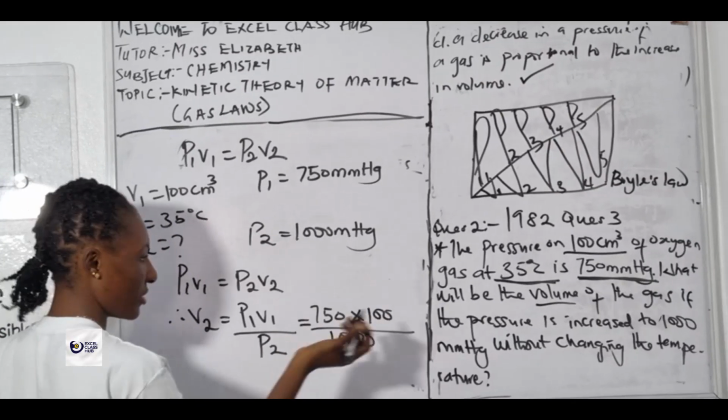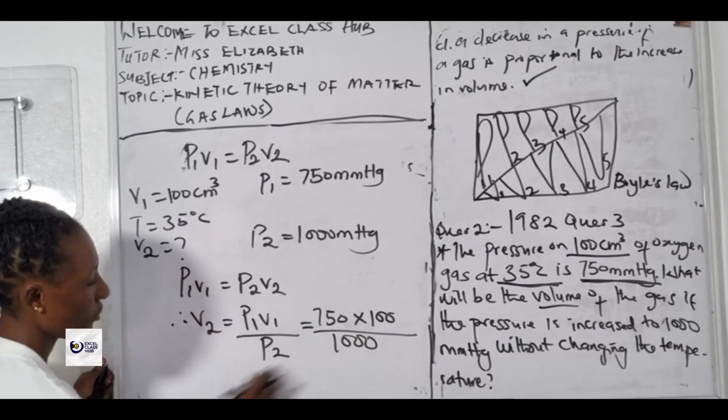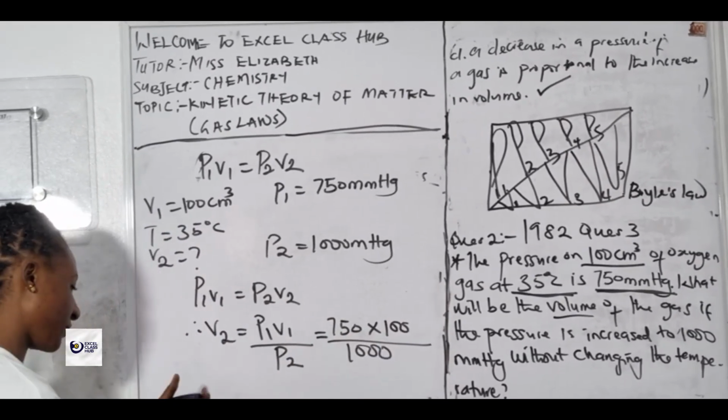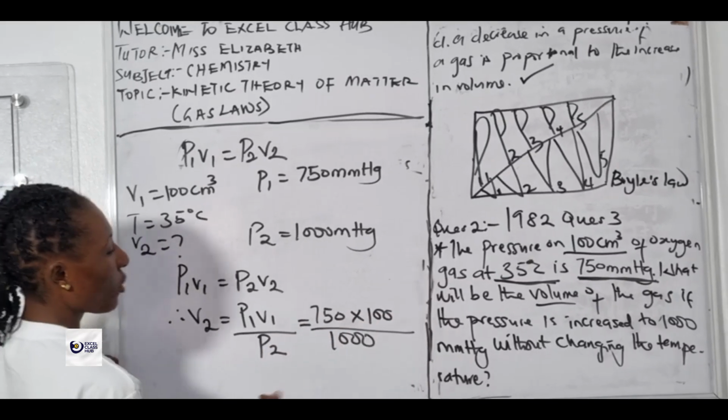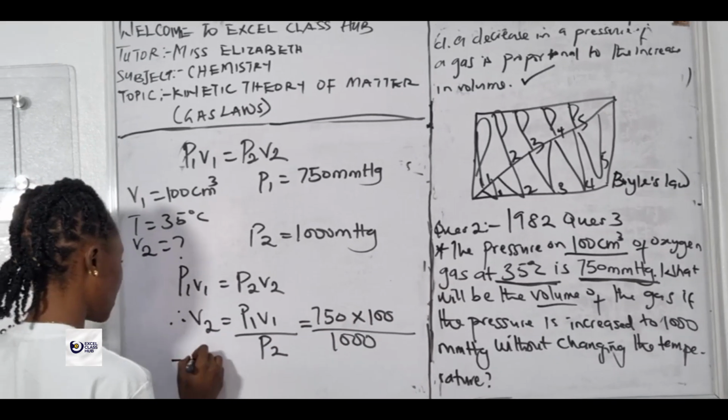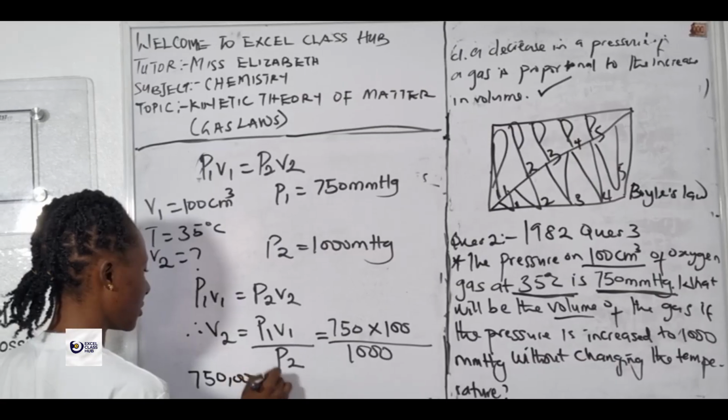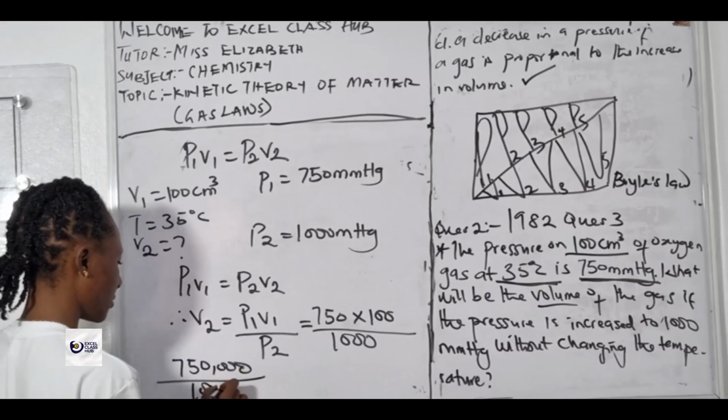We can use two methods to solve this. We can either calculate it out in full: 750 times 100 will give us 750,000. 750,000 divided by 1000.